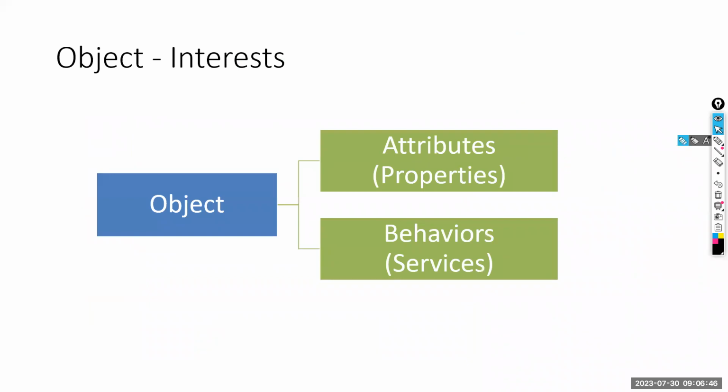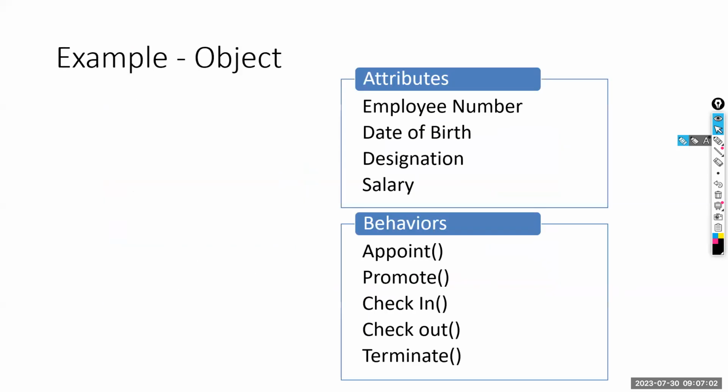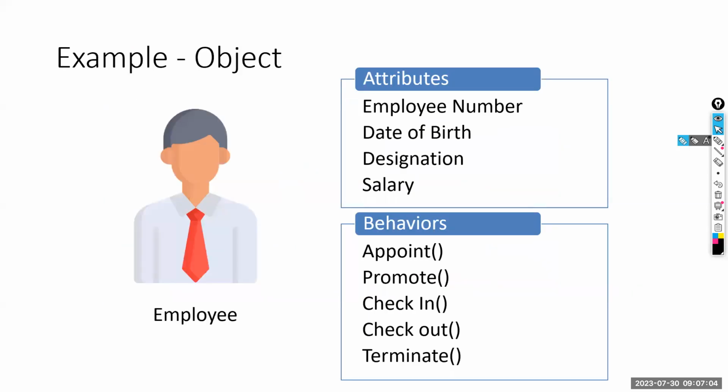So remember, in objects or classes, we are interested in both attributes and behaviors, whereas in entities, that is why we use a different word. There we are only interested in attributes, because in a database we don't mind about behaviors.